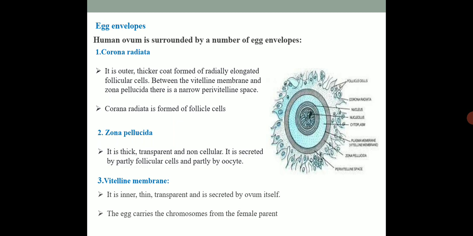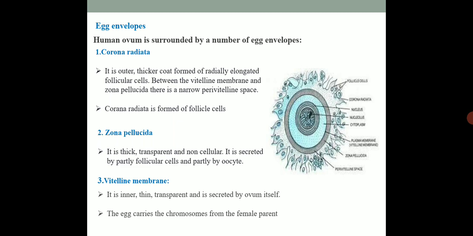It is the thick outer coat formed of radially elongated follicular cells, and between the vitelline membrane and the next layer, the zona pellucida, there is a narrow perivitelline space. You can see the corona radiata formed of follicle cells in the picture. Next to it is the zona pellucida.